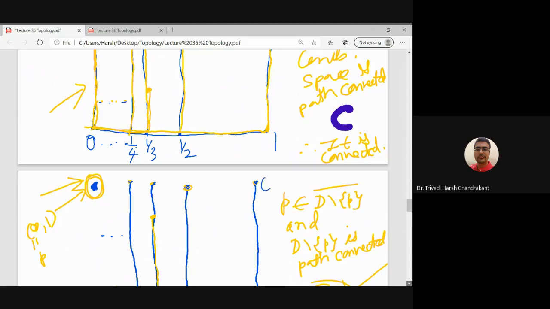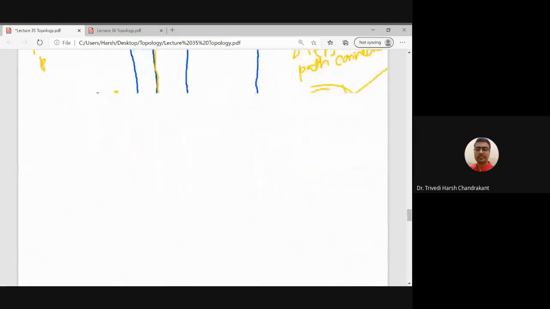What are these points? They are (1, 1), (1 by 2, 1), and so on. So this (0, 1) is the limit of the sequence (1 upon n, 1). Therefore P is a limit point.